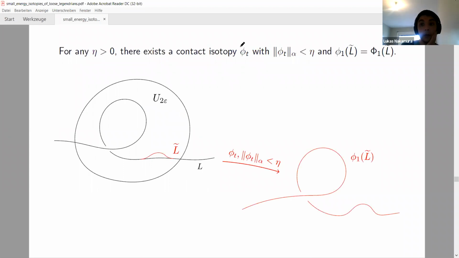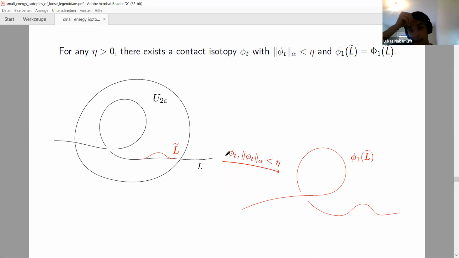And so what we can conclude from this theorem is that for any positive number eta, we can find a contact isotopy which has energy smaller than eta, so that L tilde has the same image on the time 1 map for both isotopies, and especially this phi 1 of L tilde is displaced from L. So now we have displaced L tilde from L by using only an eta amount of energy.